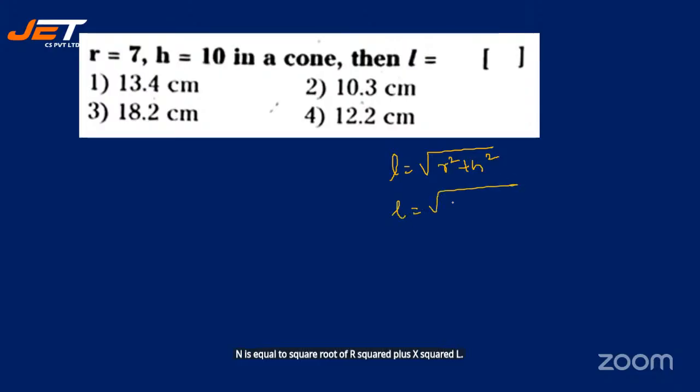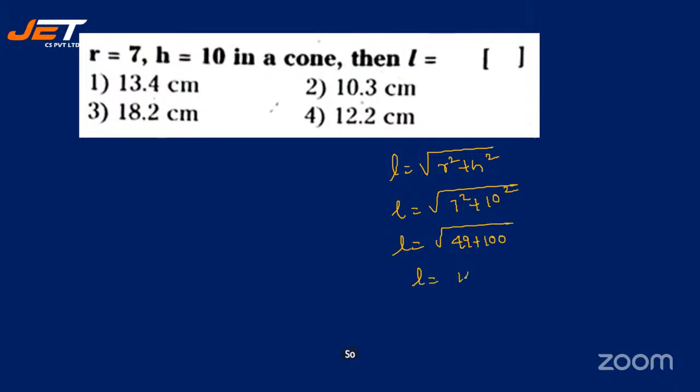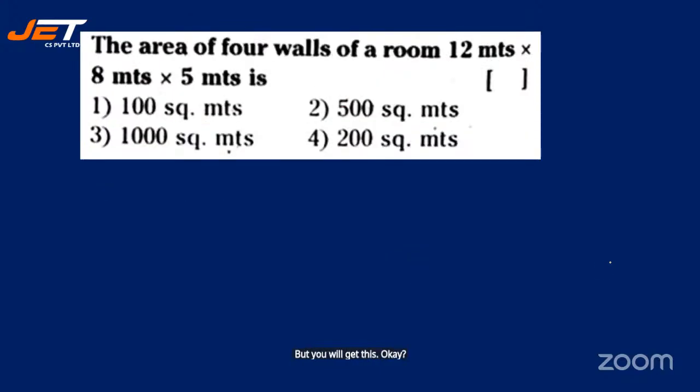So L is equal to 7 square plus 10 square. So 7 sevens are 49, plus 100. So L square is 149. So if you take the square root of 149, you will get the value as 12.2. All right, so this is not a perfect square, but you will get this. Okay, right. Now see the next question.